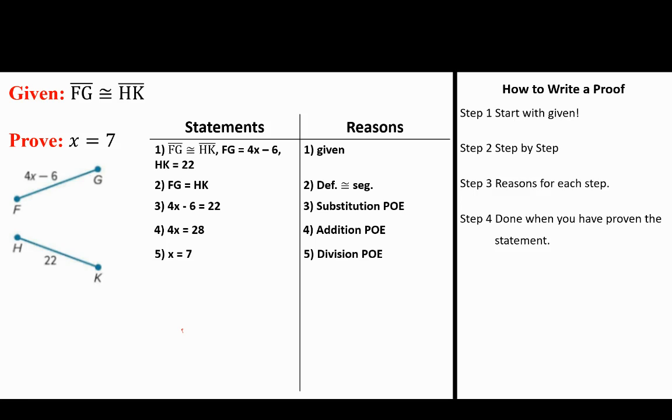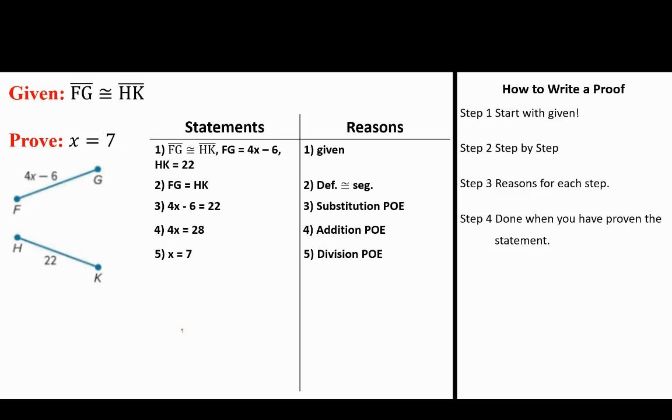And I know I'm done because I got to what I was trying to prove, X equals 7. Each step along the way, I had a reason. A lot of them right now, because they're algebraic proofs, are because of those properties of equality. Definition of congruent segments and midpoint are also very helpful.